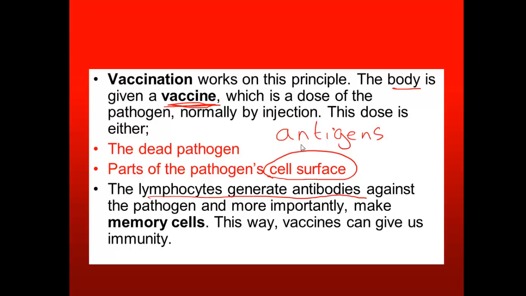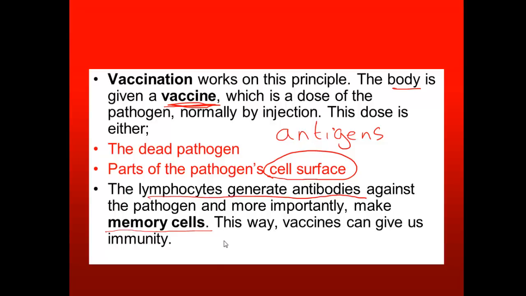And so if we can just inject someone with the antigens without the pathogen itself, or maybe if the pathogen is dead, so we just inject the pathogen cell surface, well, our lymphocytes can make antibodies against that pathogen, against the antigens on that pathogen. And that means they can make memory cells.